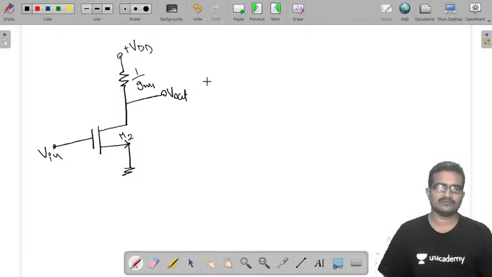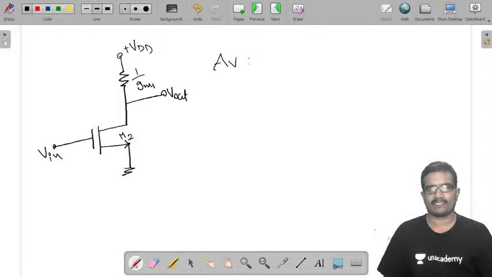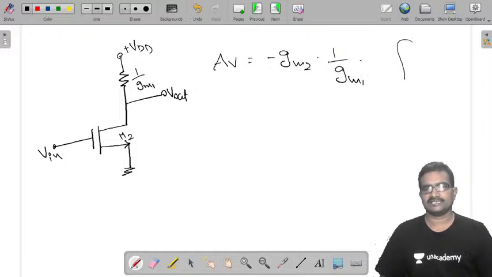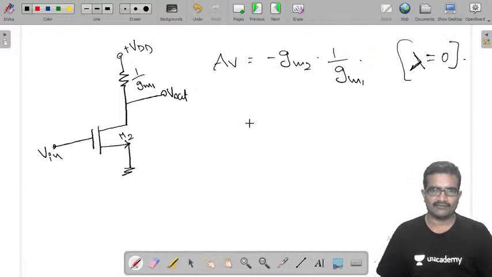So it is M2. Now the voltage gain is minus Gm2 into 1 by Gm1. Since lambda, the channel length modulation parameter, is 0, we know the transconductance values Gm1 and Gm2.